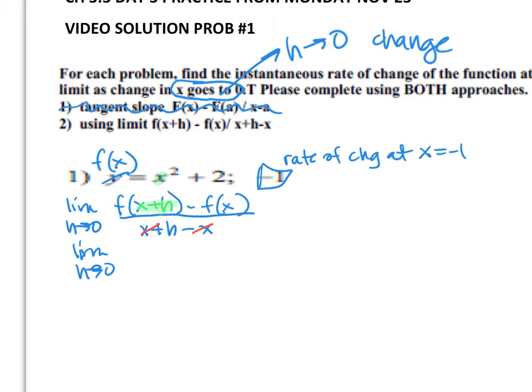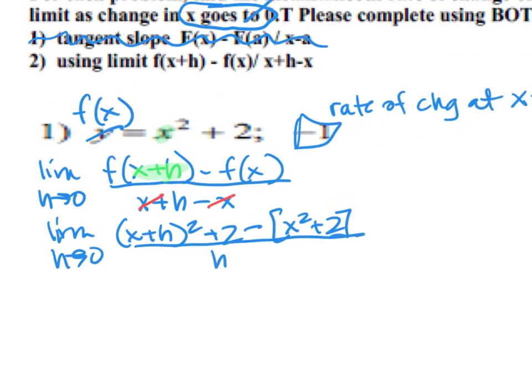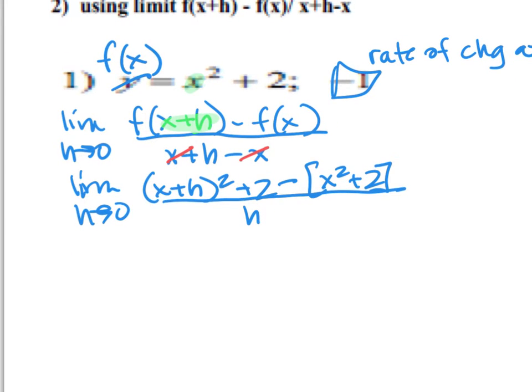So what we have is x plus h squared plus the 2. Don't forget to have that 2. And then, continuing, we are subtracting the function and we have the h remaining in the denominator. So go ahead and expand this out, and we still have the limit as h is headed to 0.